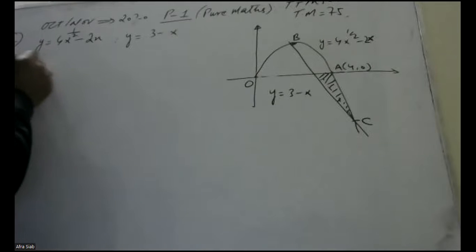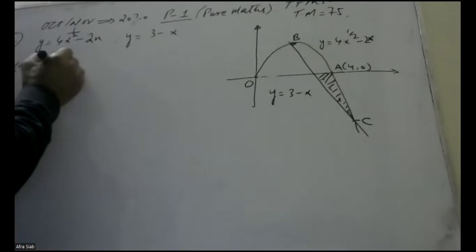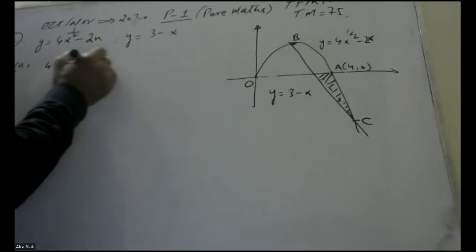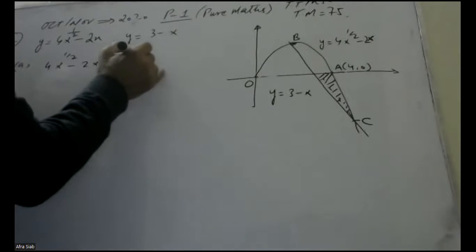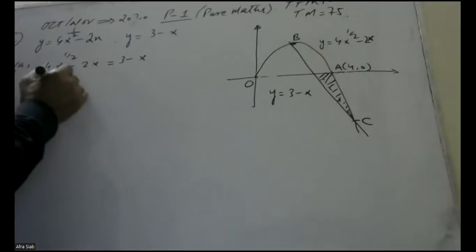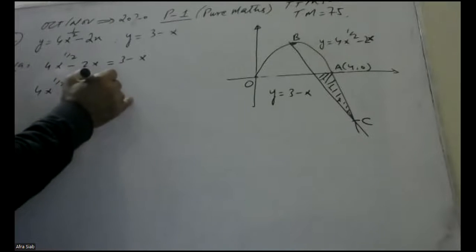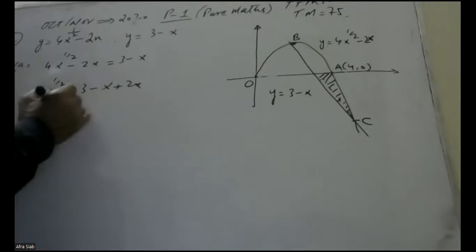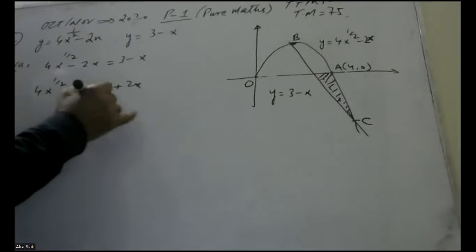So we can use this, that both of them are equal to y. So 4 times x^(1/2) minus 2x is equal to 3 minus x. Or 4x^(1/2) is equal to 3 minus x plus 2x, that is 3 plus x.